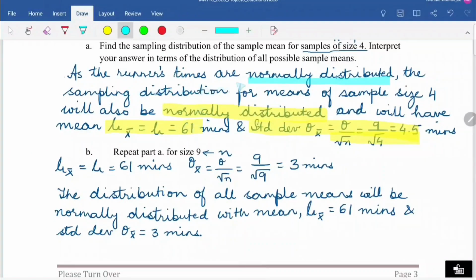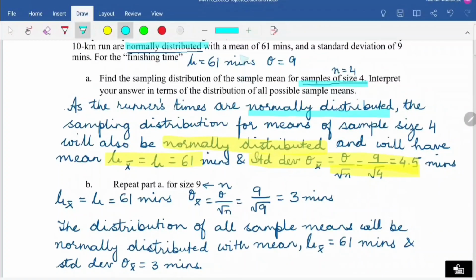So as the runner's times are normally distributed, the sampling distribution for means of sample size of 4, they want to know the sampling distribution for a particular sample size, will also be normally distributed and will have a mean, that is the mean of all the sample means, equal to the population mean given to us for this question, which is 61 minutes.